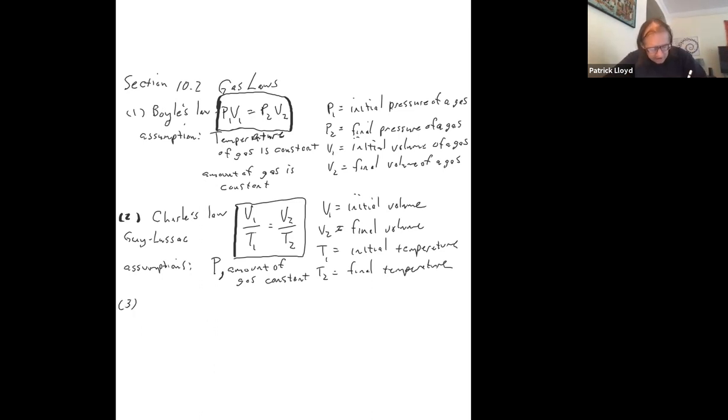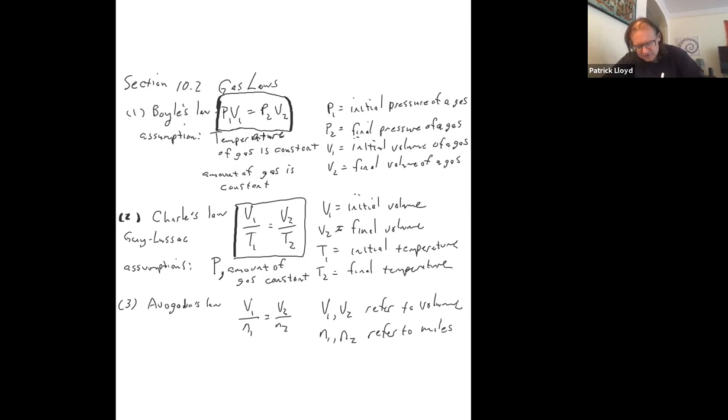Third one is called Avogadro's law. And this can be written as V1 over N1 equals V2 over N2, where V1 and V2 refer to volume. And then N1 and N2 refer to moles of the gas.